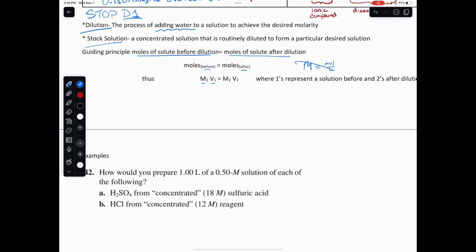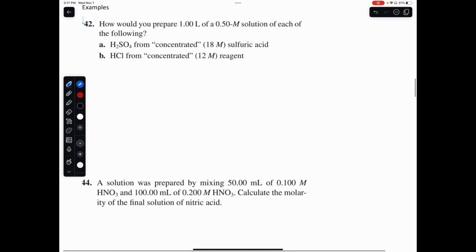So moles is simply, if I cross multiply, molarity times liters or volume, then molarity times volume before is equal to molarity times volume after, where the 1 represents the solution before and the 2 after. This is our dilution equation. Let's give it a shot.